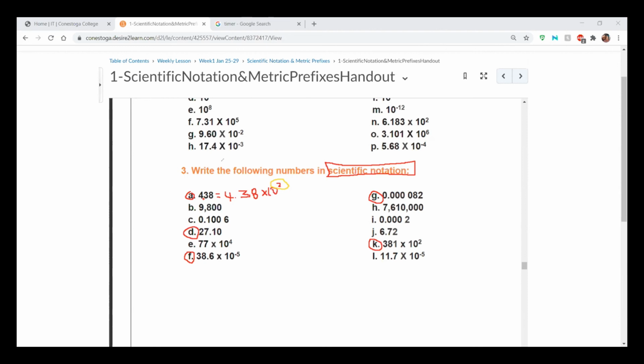Okay, perfect. So it seems that we are on the right track so far.